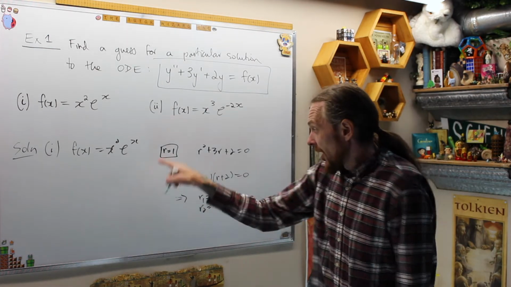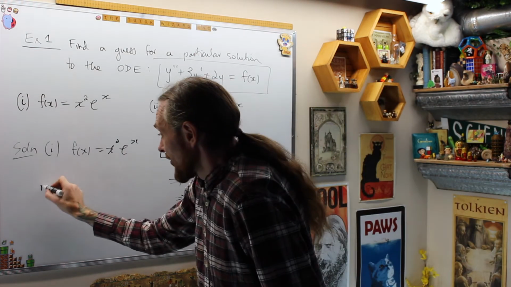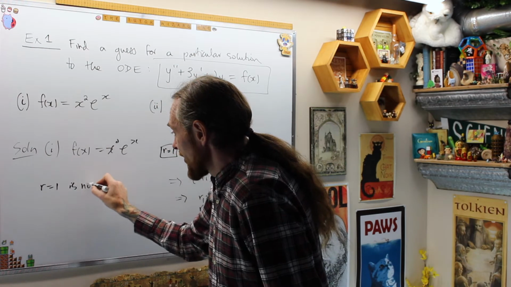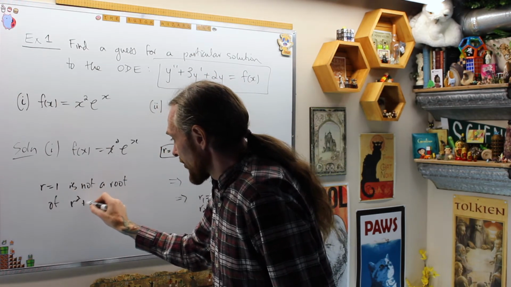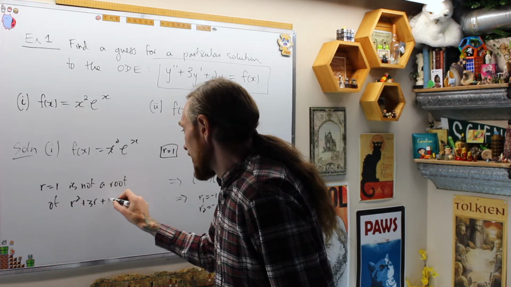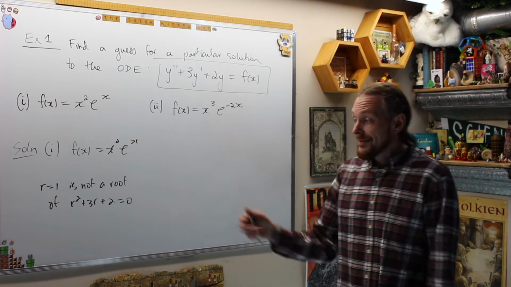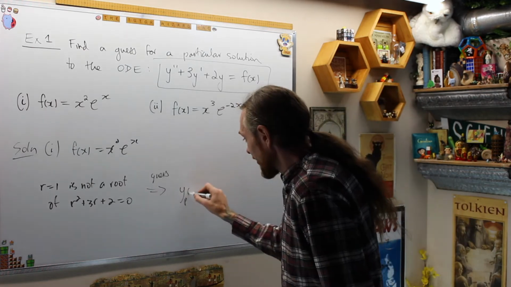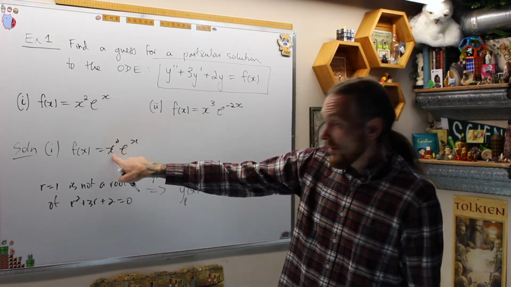Therefore, our r is 1, which doesn't equal either of these. So this tells us r equals 1 is not a root of our auxiliary equation, r squared plus 3r plus 2 equals 0. Therefore, what do we make our guess? Our guess therefore becomes y particular of x, and what is our polynomial?